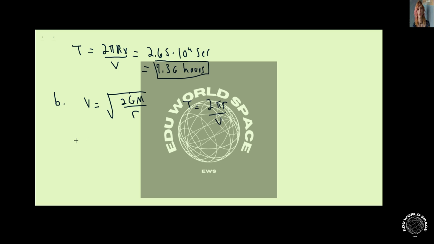And so we've combined before these two equations to say that the period is the square root of 4 pi squared r cubed over GM. So this is probably a good equation to have written down somewhere too. All we did was plug in this quantity for v, and then simplify a little bit, but it can save you a little time to have this result handy. So with this, all we want to do is plug in r_x for r, and m_x for m, and that'll give us the period.